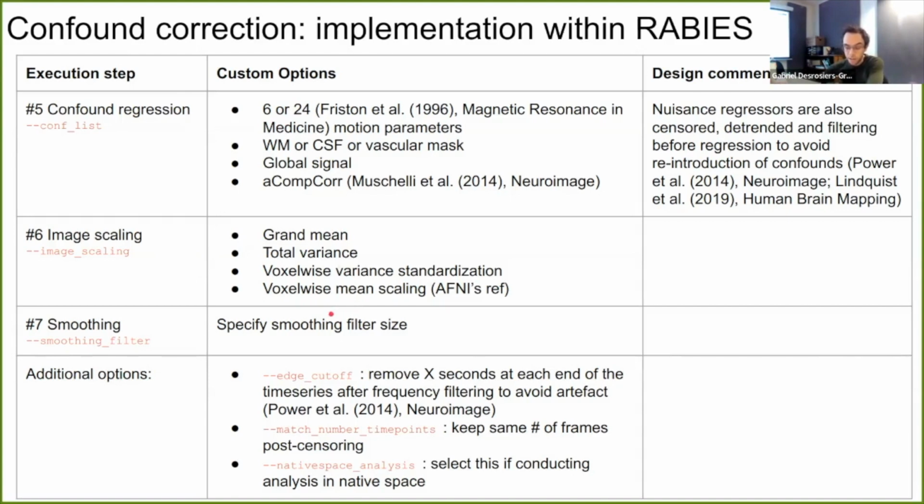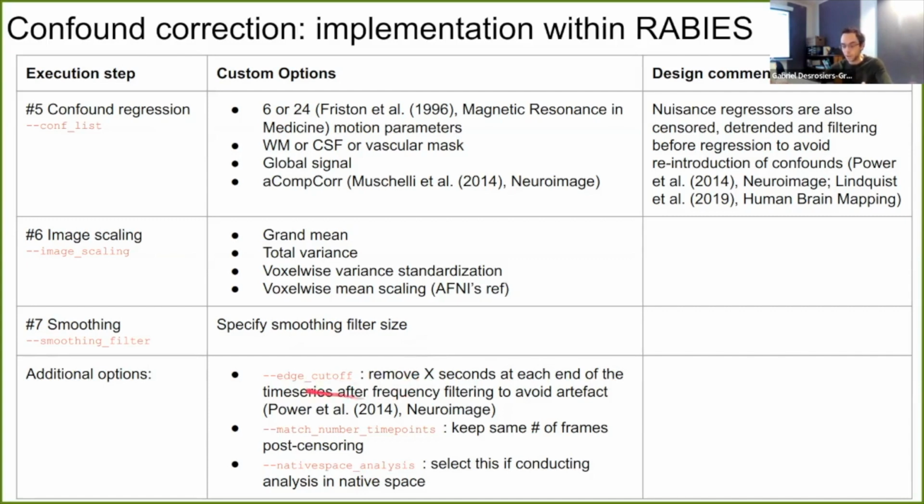Otherwise, you can apply some spatial smoothing to increase SNR. You can specify the smoothing filter size in millimeters. And then finally, some other options you'll want to consider are this edge cutoff parameter here, where you can remove a number of seconds at each end of your time series when frequency filtering is applied, to avoid certain artifacts.